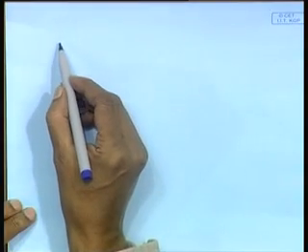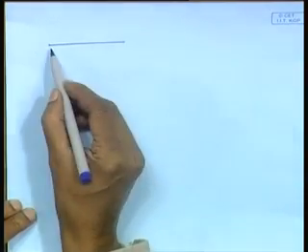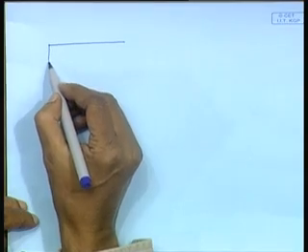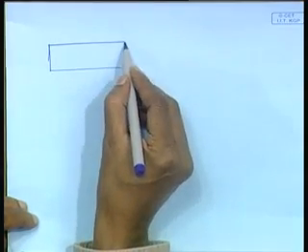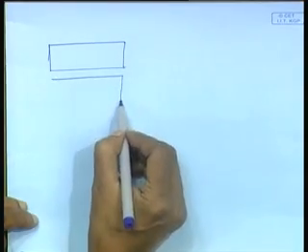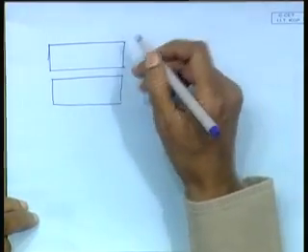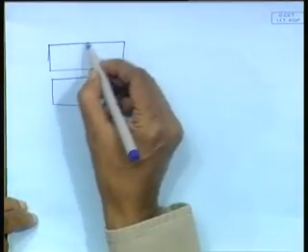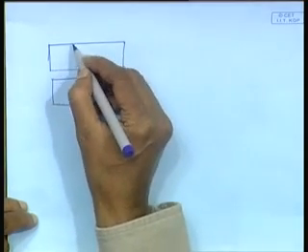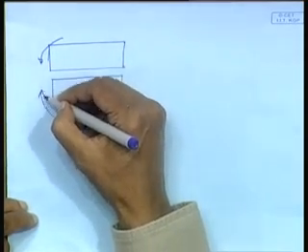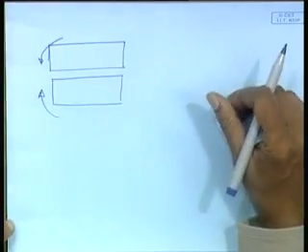So, why does it happen? Whereas in the other case, it is just the opposite, it opens up. That means, what basically is happening, in one case forces are acting as if the edges are rotating in this direction.